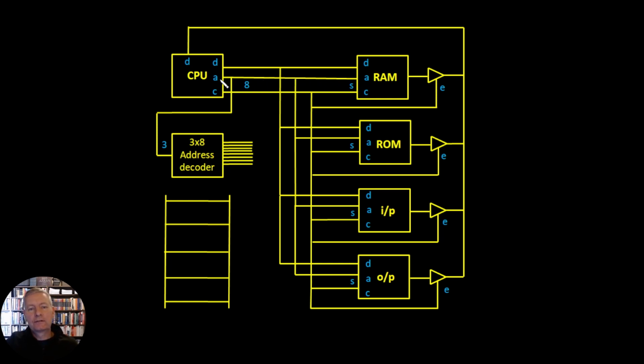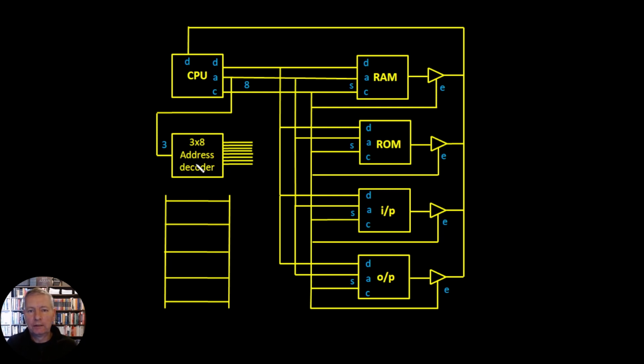So let's say, for instance, we were to have the address bus which is 8 bits. And let's say we took a copy of, say, the last 3 bits, so the 3 highest bits of that address. We could take those 3 bits and put them through a 3x8 decoder. So that is, from the 3 bits we could generate 8 bits.